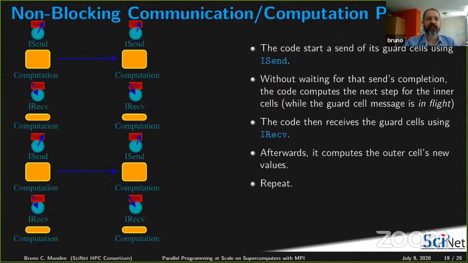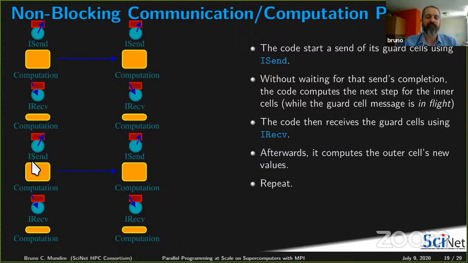However, we can do better. If you use non-blocking communication, for example, if you start by sending the guard cells using the Isend, it returns control to the code, and then the code can start doing some computation while the message is on the fly. So it is in parallel, okay? Eventually the message hits the task that is waiting to receive it, both of them receive, and then go back and do the leftover of the computation, and repeat the process.